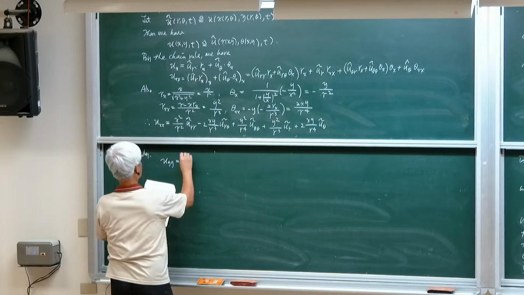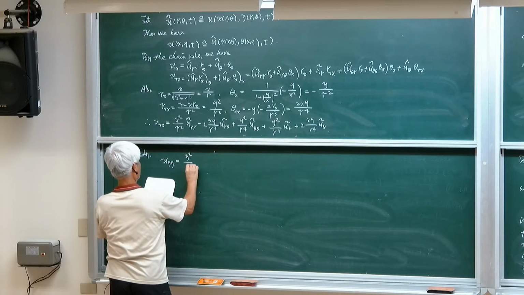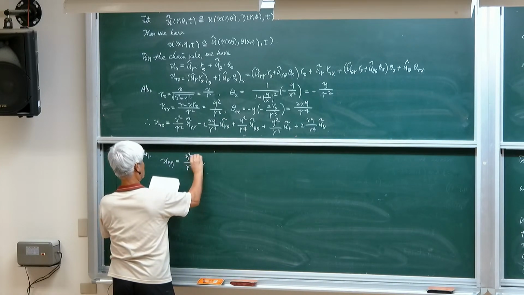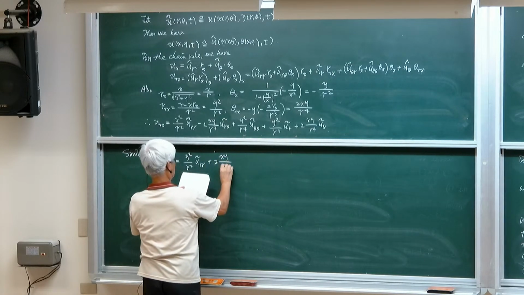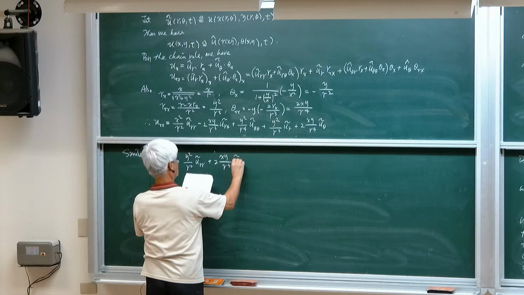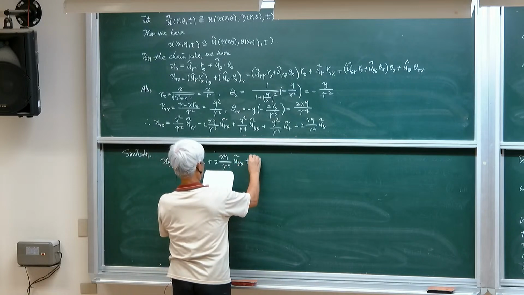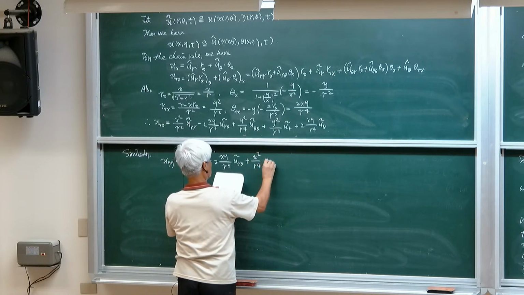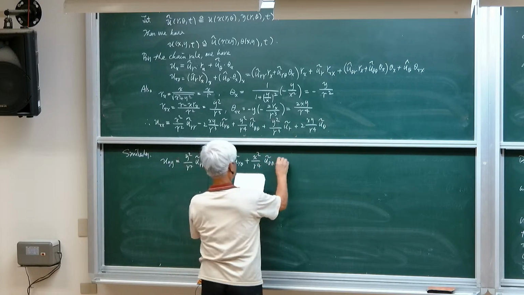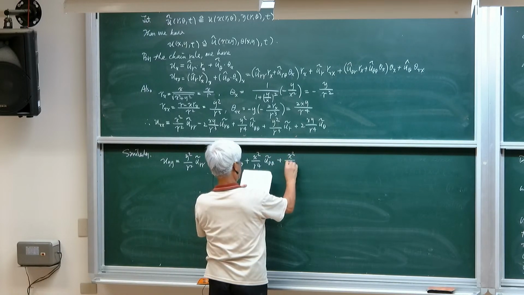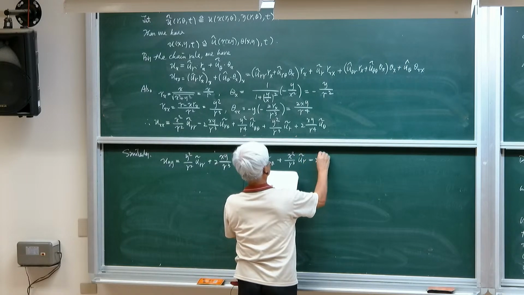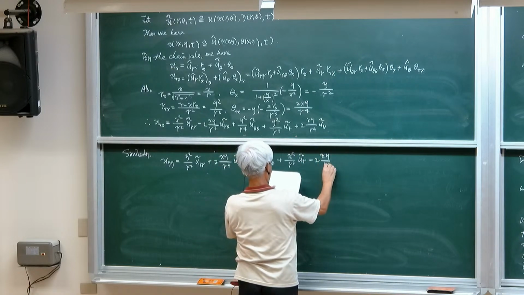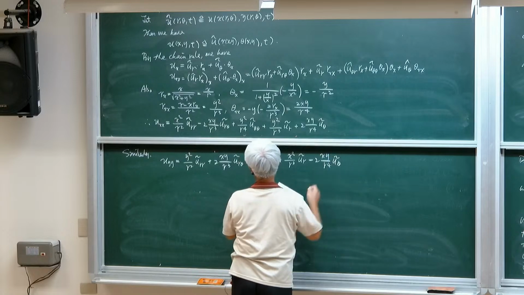So we find this is y squared over r squared u rr, plus 2xy over r third power u r theta, plus x squared over r fourth power u theta theta, plus x squared over r third power u r, minus 2xy over r fourth power u theta.